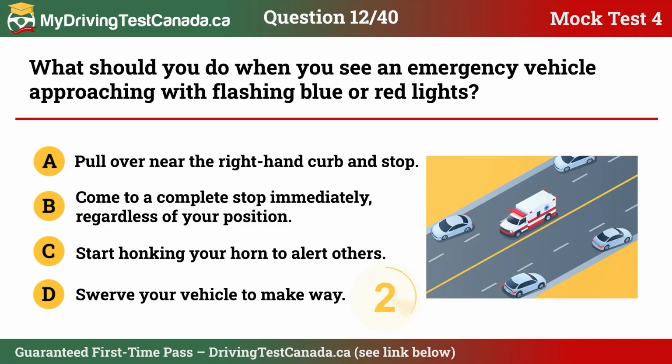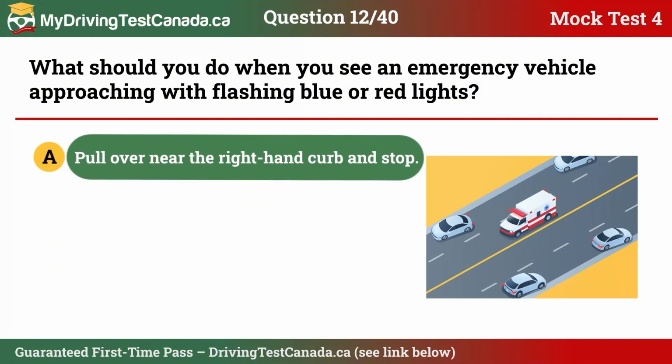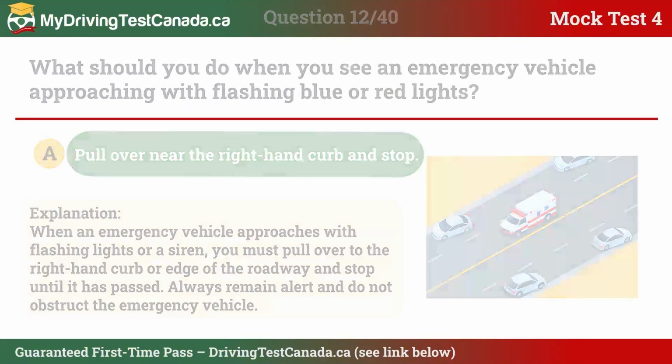The correct answer is A. Pull over near the right-hand curb and stop. Explanation. When an emergency vehicle approaches with flashing lights or a siren, you must pull over to the right-hand curb or edge of the roadway and stop until it has passed. Always remain alert and do not obstruct the emergency vehicle.